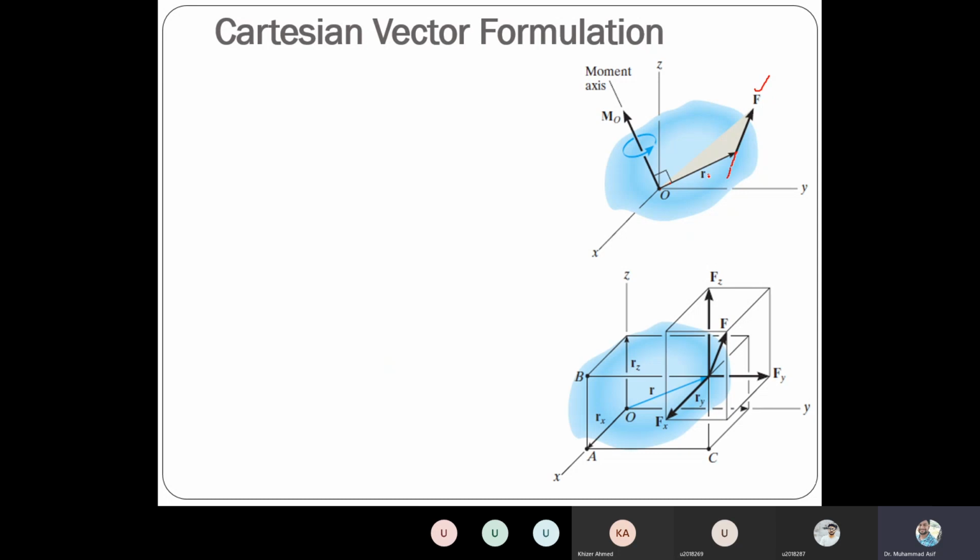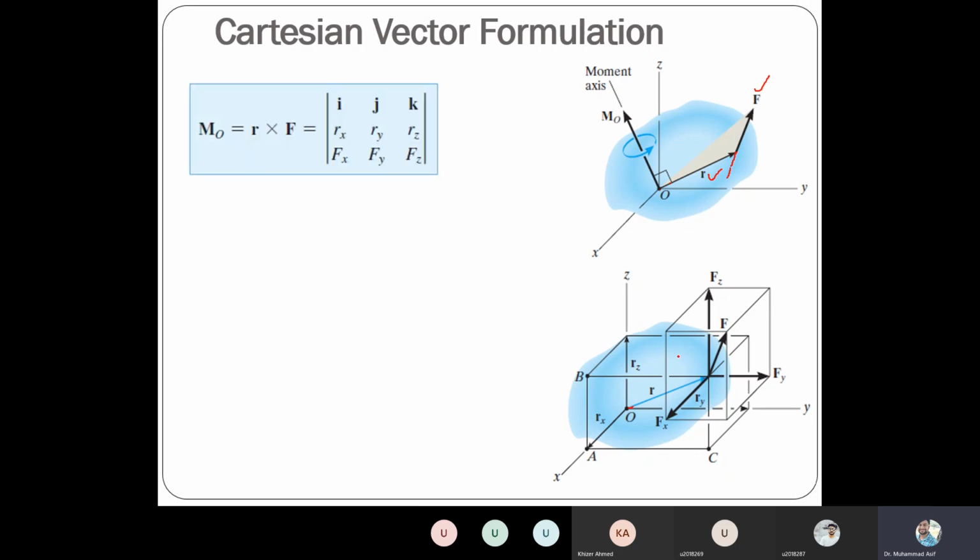Similarly, this position vector r will have 3 components: rx, ry, and rz.